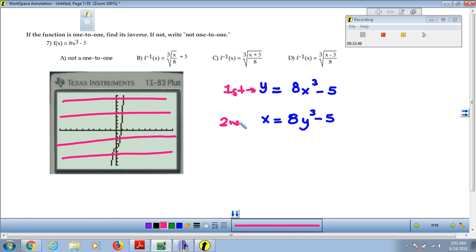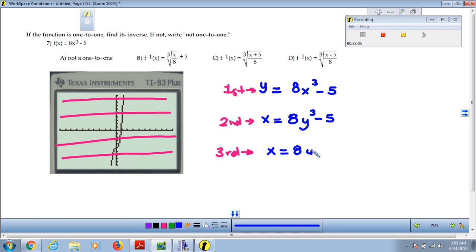The second step was interchanging your x and your y from place. And then the third step starts here, where we are going to start solving for the y, because every time that you interchange your x and y, your equation is not solved for y anymore.